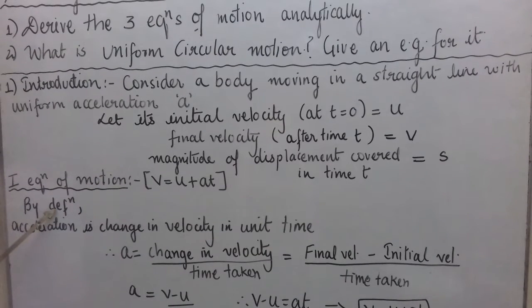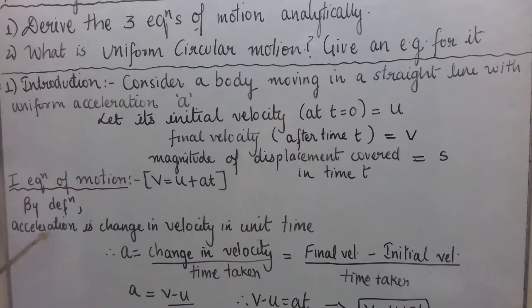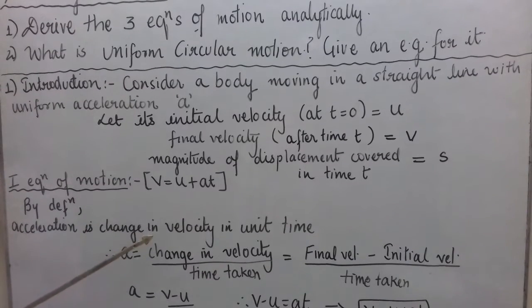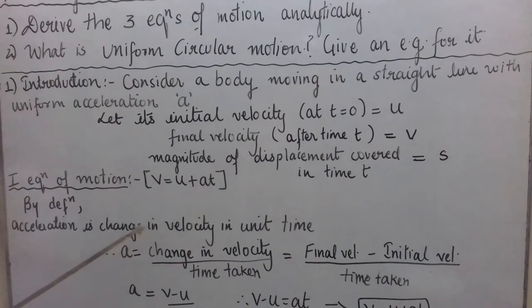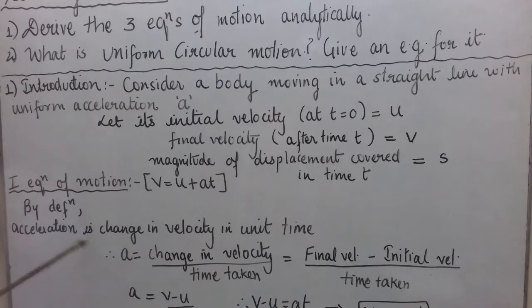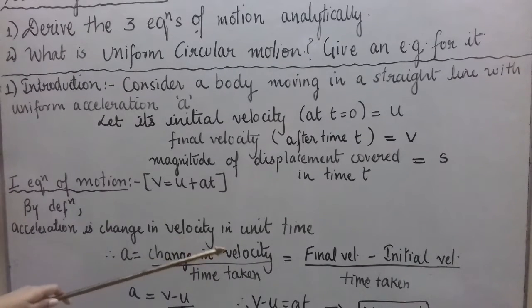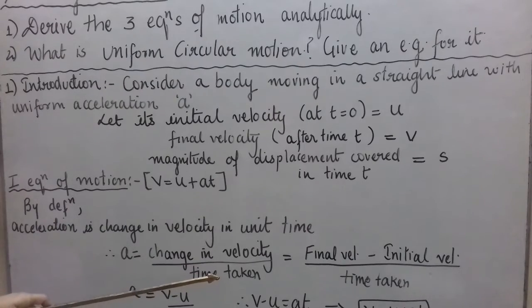By definition, we know what is acceleration. Acceleration is change in velocity in unit time, or we can say rate of change of velocity. So acceleration a is equal to change in velocity divided by time taken for that change.